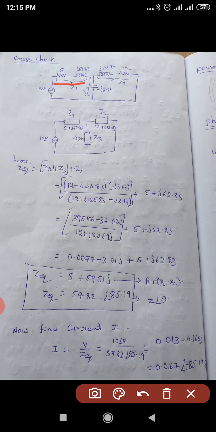Here I am replacing with Z1, Z2, Z3, where Z1 = 5 + j62.83, Z2 = 12 + j125.83, and Z3 = -j3.14. If you observe this circuit, Z2 and Z3 are in parallel, and this parallel connection is in series with Z1.